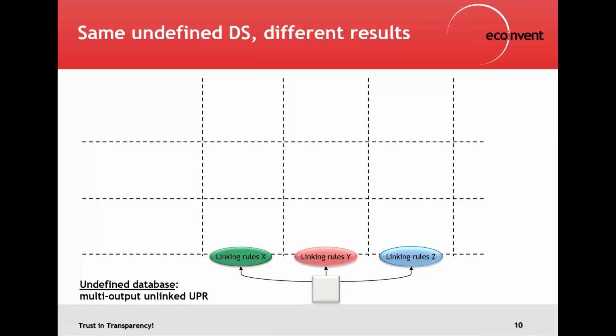On that, there are linking rules, 3 sets of linking rules that are applied. Linking rules, you can imagine that as a collection of rules that will allow to calculate different versions of the database. And as I was saying, different modeling choices are used in those linking rules.